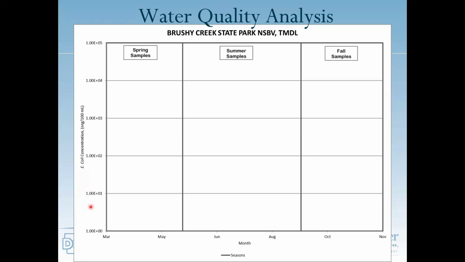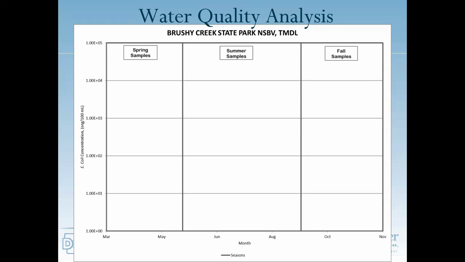Now, along the x-axis, we have plotted it by time, in this case as months. And by plotting it in months, we can break it up into seasons, such as our spring season, our summer season, and our fall season.